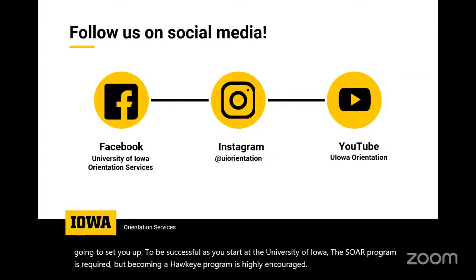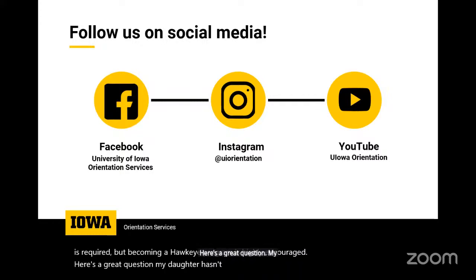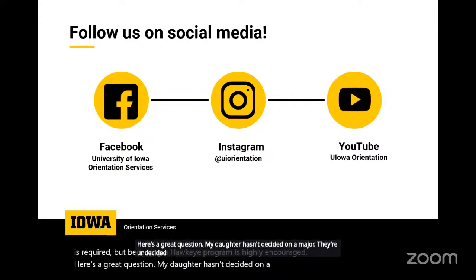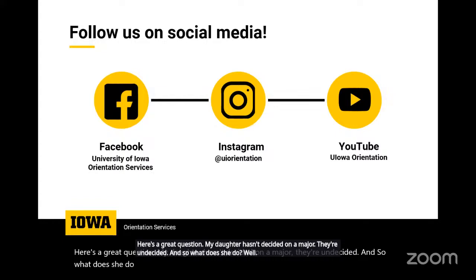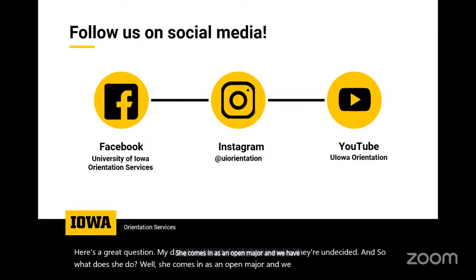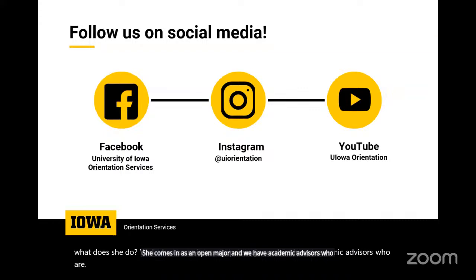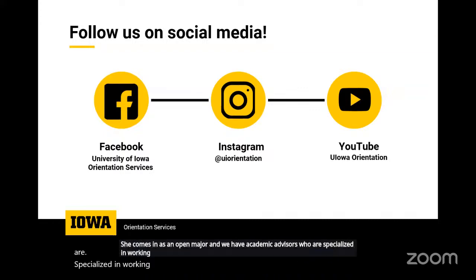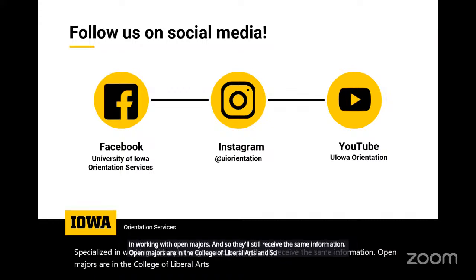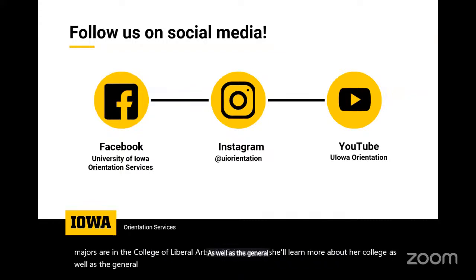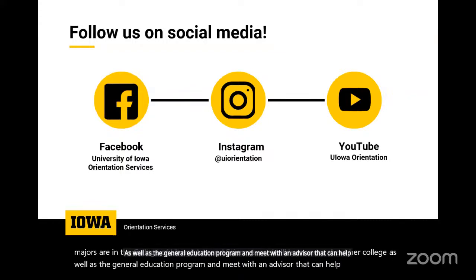Here's a great question. My daughter hasn't decided on a major. She's undecided. So what does she do? Well, she comes in as an open major, and we have academic advisors who are specialized in working with open majors. And so they'll still receive the same information. Open majors are in the College of Liberal Arts and Sciences, so she'll learn more about her college as well as the general education program and meet with an advisor that can help her explore various majors.